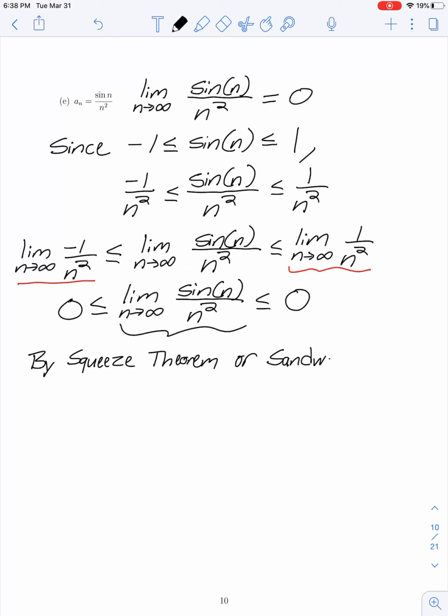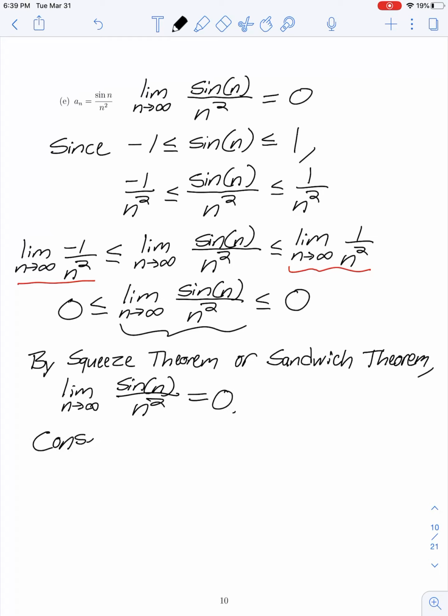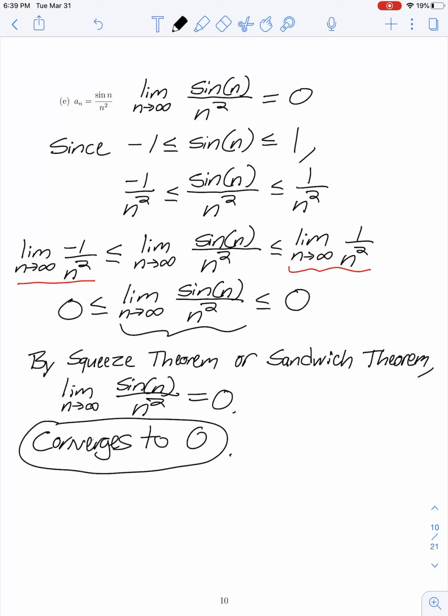This follows by a result known as the squeeze theorem, or sometimes called the sandwich theorem. We find that the limit that we're interested in of sine n over n squared is 0. So we say then that this sequence converges to 0.